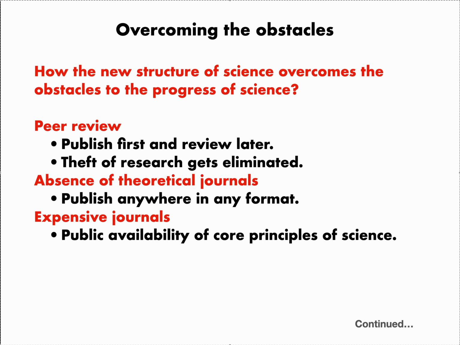So how could we solve those issues using the core library I am proposing, to build the statements of science? How does the new structure of science overcome the obstacles to the progress of science? Take peer review.